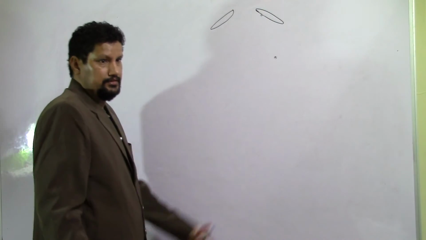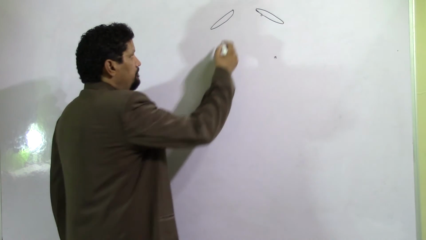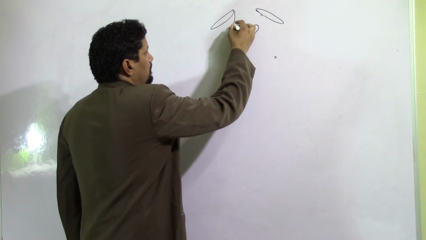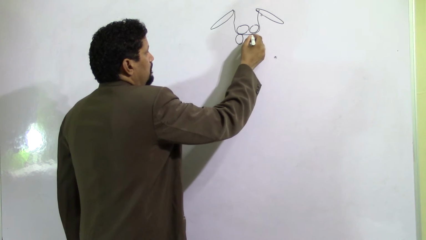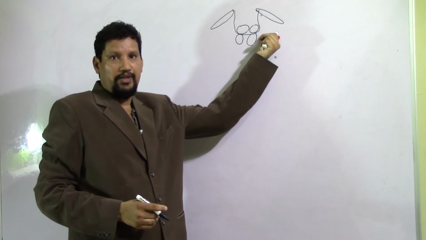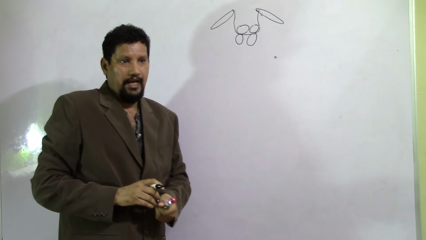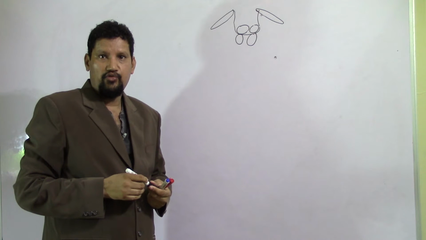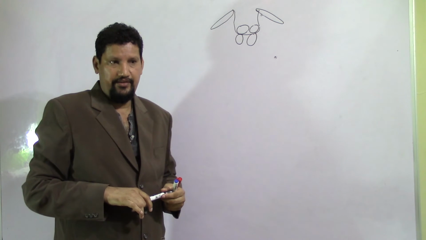These are two cerebral peduncles. These are four colliculi, superior colliculi and inferior colliculi, and these colliculi are collectively known as corpora quadrigemina. These are concerned with visual and auditory reflexes.